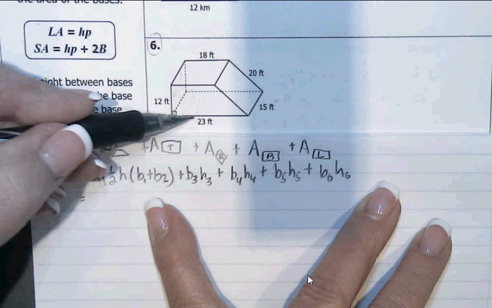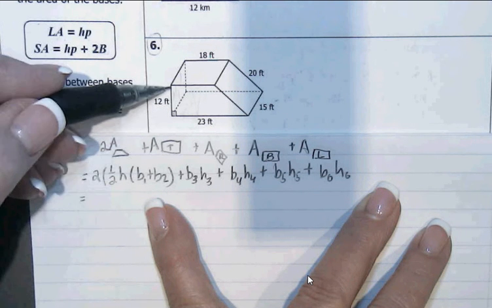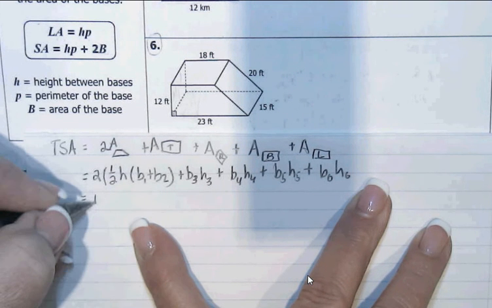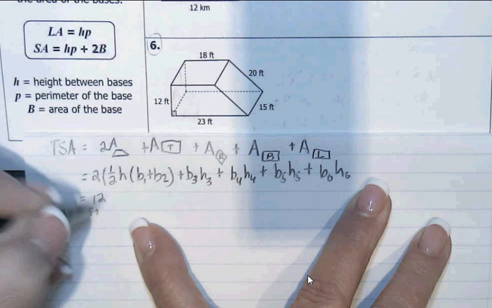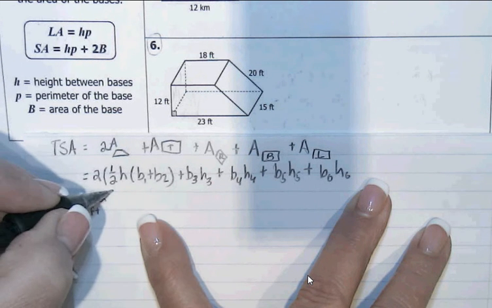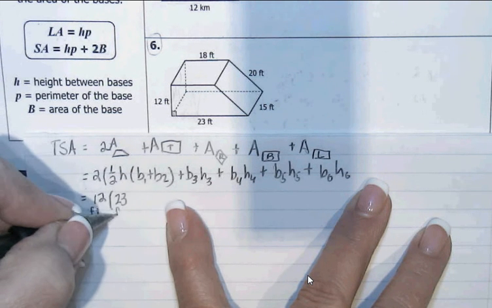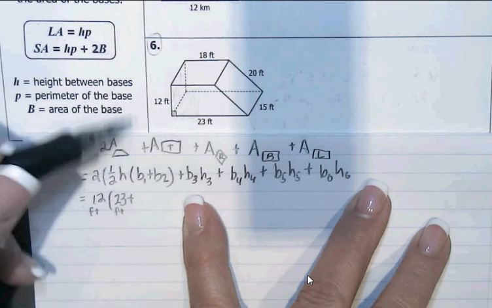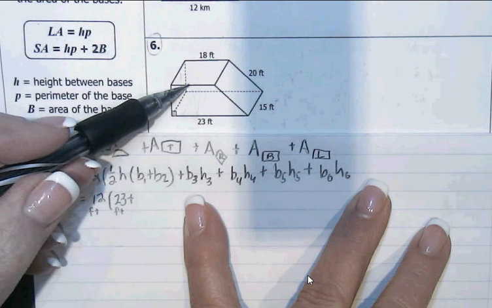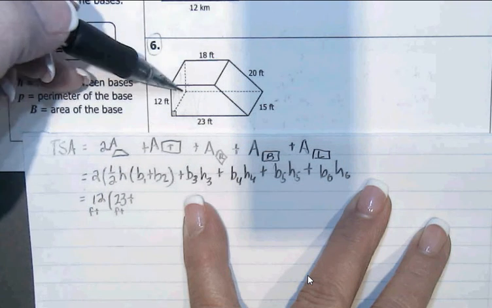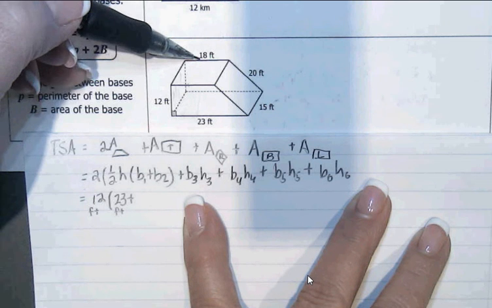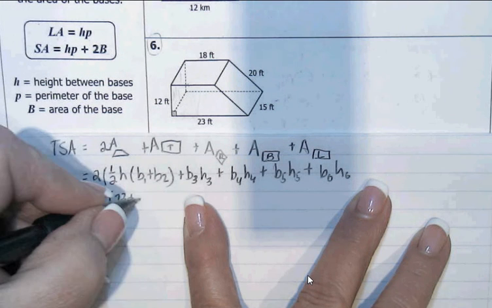So if this is going to be my base of 23, this would be my height of 12 feet. So I'm going to put my 12 feet. That's my height. And then my base 1 would be 23 feet. And I need to add to that base 2. And I look up there and there's no dimension. But if I look across from it, I can see the parallel congruent dimension of 18 feet.